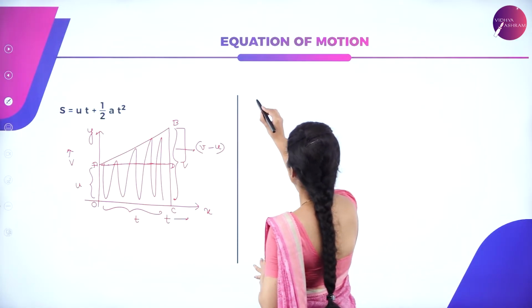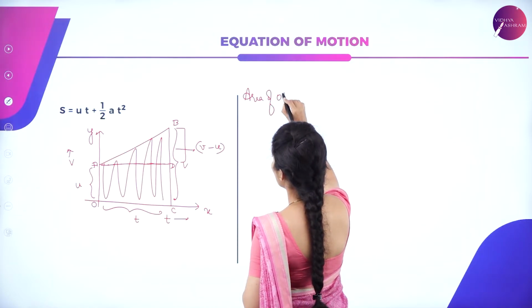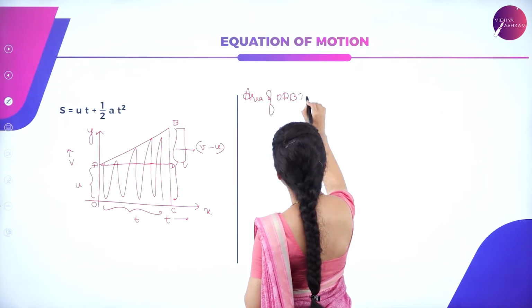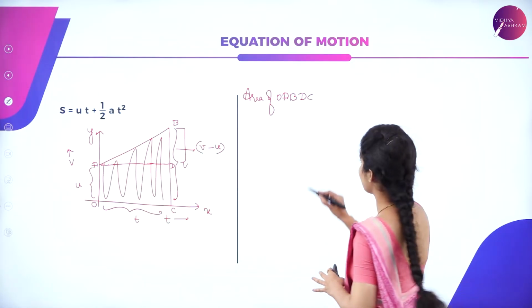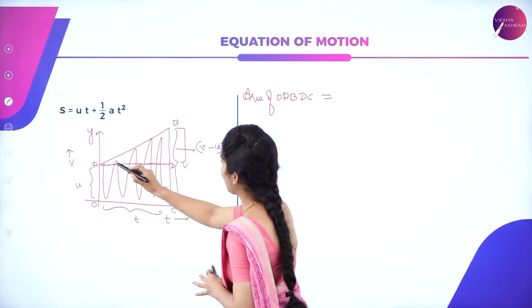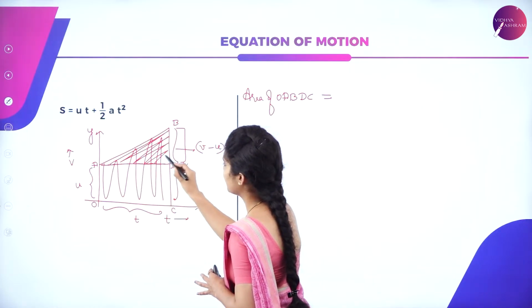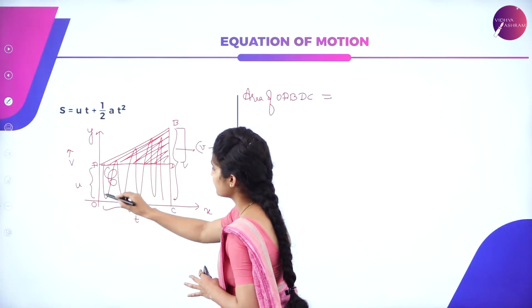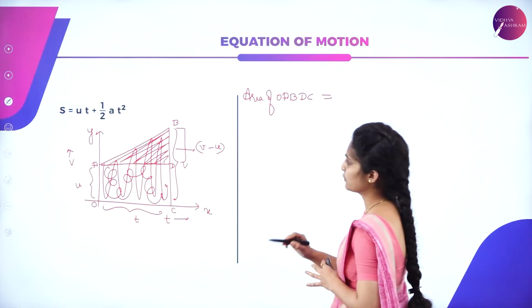For that, we know that the area of OABDC, the complete area under this curve, is to be calculated. You have one triangle and another, a rectangle.